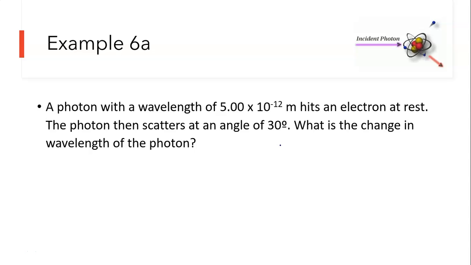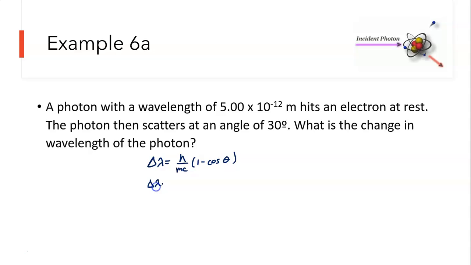So let's take a look at example 6a here. The wavelength of a photon, 5.00 times 10 to the negative 12 meters, hits an electron at rest. The photon scatters at an angle of 30 degrees. What is the change in the wavelength? So, change in wavelength is equal to h over mc times (1 minus cos theta).